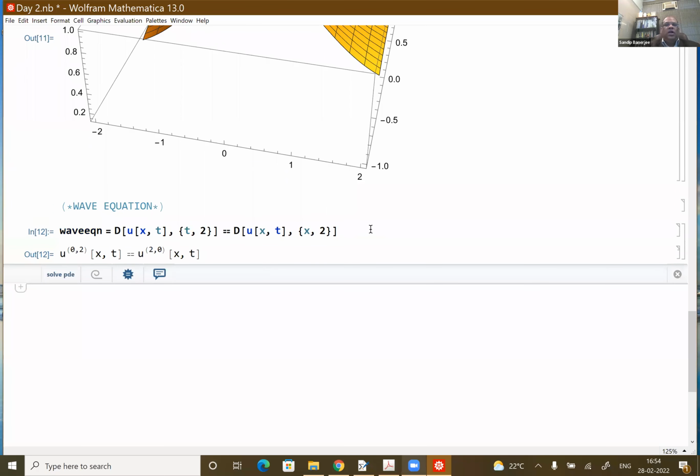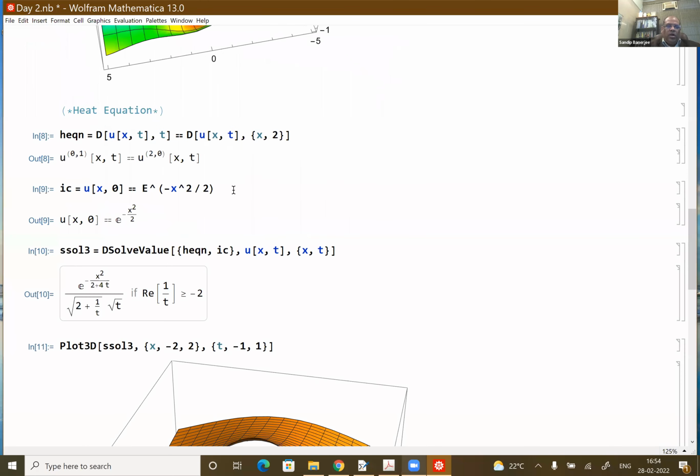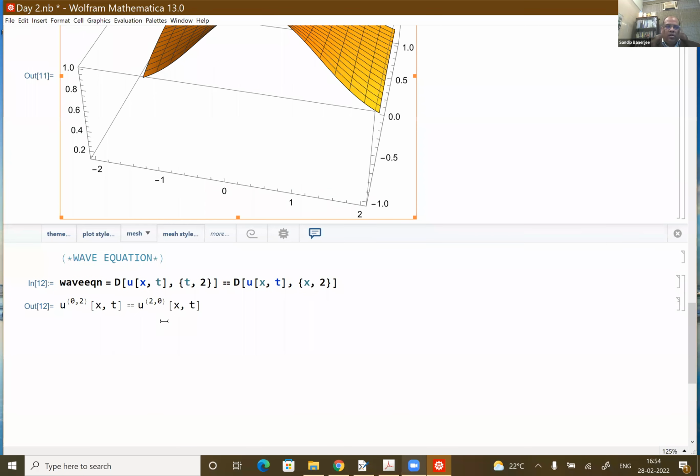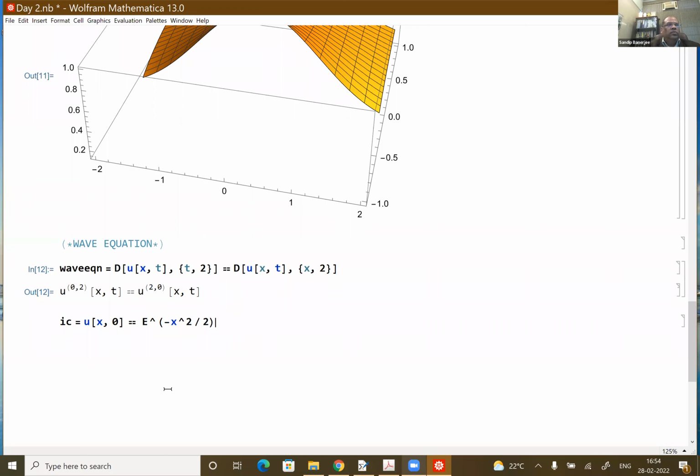Some constant will be there. Now I need, say, the initial condition. So I need two initial conditions.